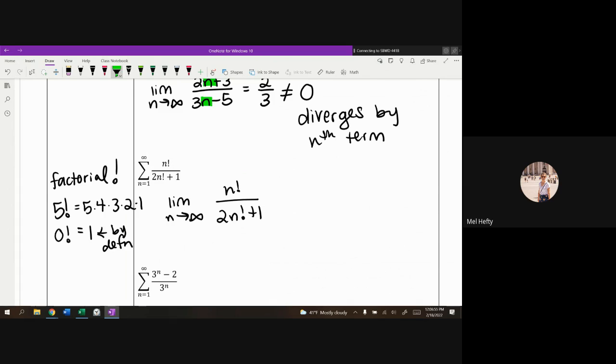Because think 10 factorial is 10 times 9 times 8 times 7, 6, 5, 4, 3, 2, 1. You're multiplying. So these are going to grow pretty big and pretty fast, but I have an n factorial on top and bottom. So same idea as what we did there, same power.